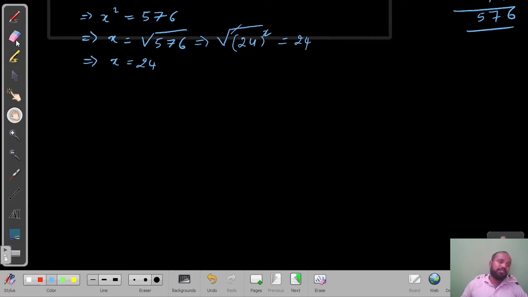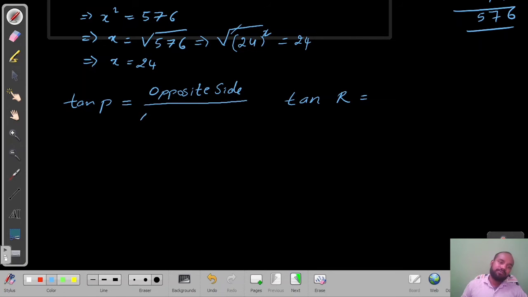First I will write down tan P equals what, and tan R equals what? What is the formula for tan? Tan is opposite side by adjacent side.